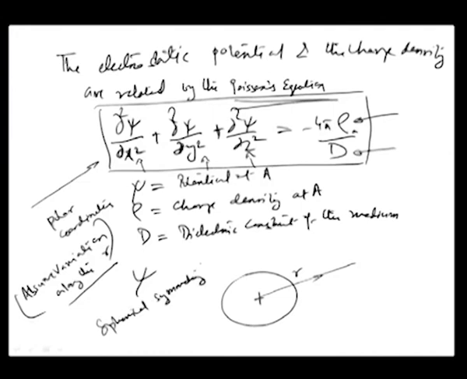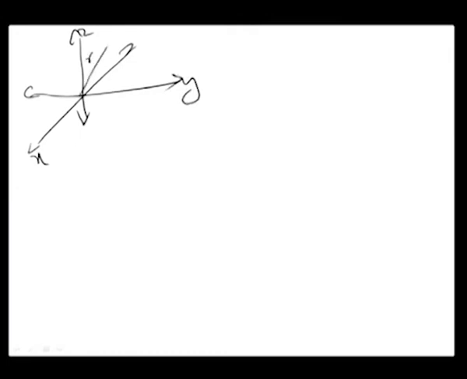I am not going to go into the derivation of it, but the approach can be represented here. Let's say you have a Cartesian coordinate system, x, y, z, and you have a radius vector r. The first projection of the radius vector is on the xy plane, which can be projected by, let's say, an angle gamma. So this component here is r cos gamma, and this component here is r sin gamma. Then if you rotate this by an angle, let's say theta, the x component comes out to be r cos gamma cos theta, and the y component comes out to be r cos gamma sin theta.